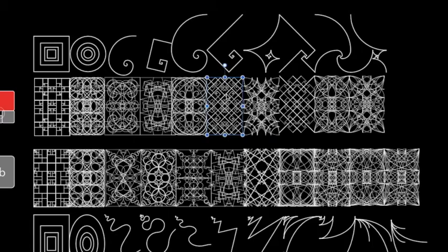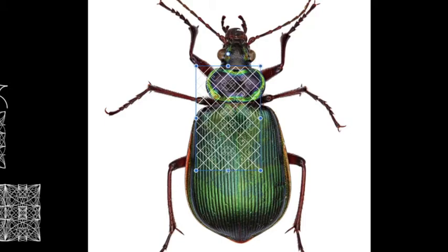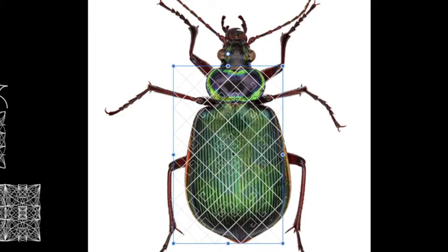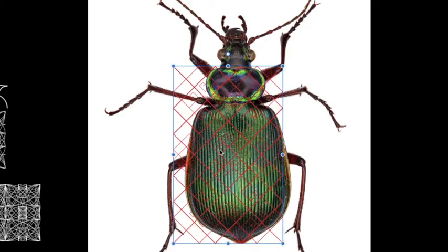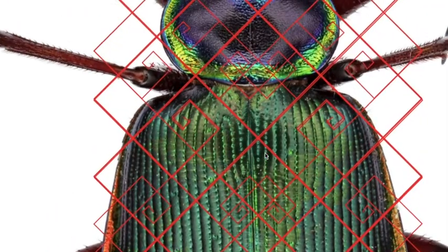So let's take the linear version of the phi spiral and put that on here. Go from there to the bottom. Call that red. That's a primary phi square right there. So what is it showing?